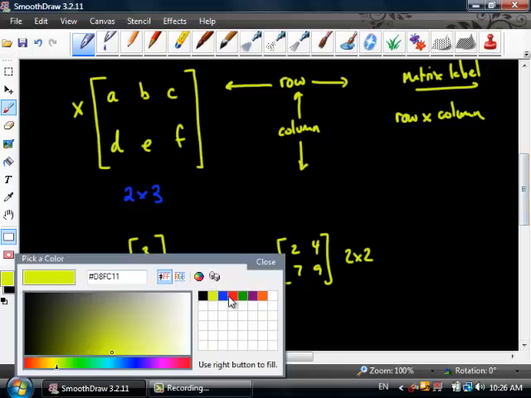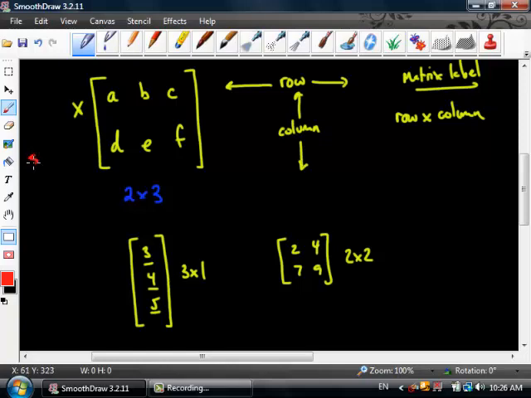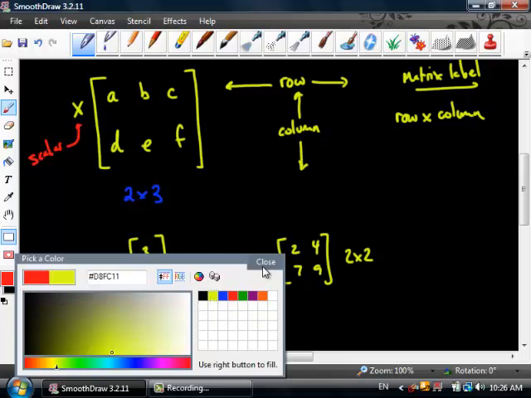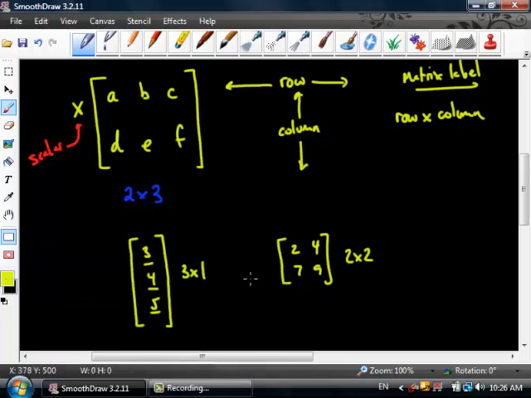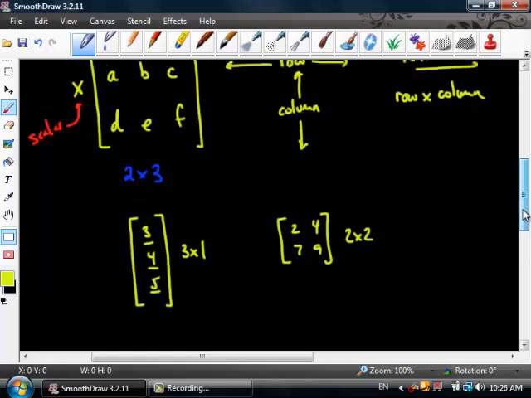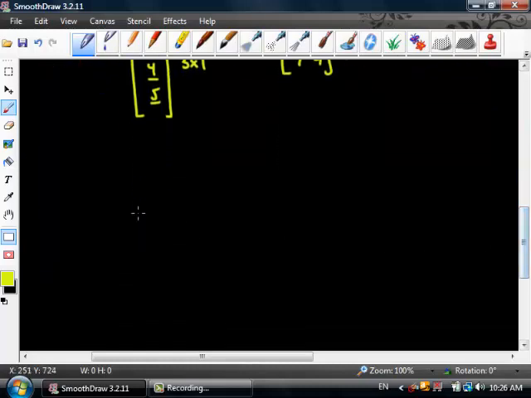This x sitting on the outside here, this is what we call a scalar. Just a number hanging out on the outside. That's all we call it. It's a scalar. So how does a scalar and a matrix interact with each other? Let's find out.